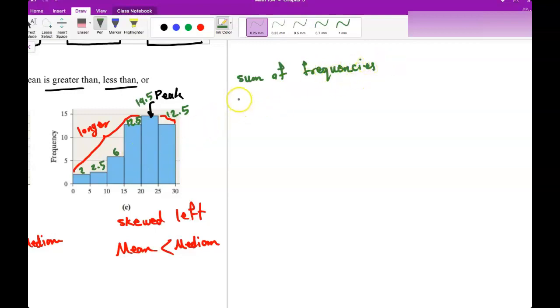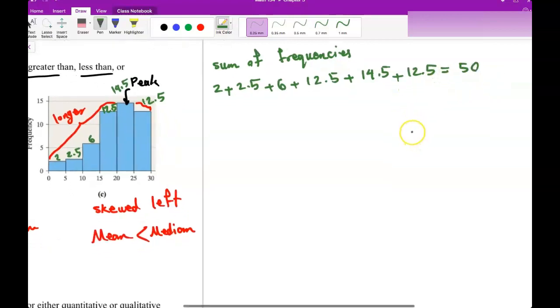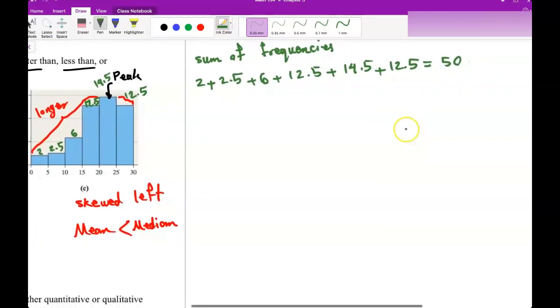So adding all these numbers, we have 2 plus 2.5, and so on. This is equal to 50. And what is that one? This is the number of observations.